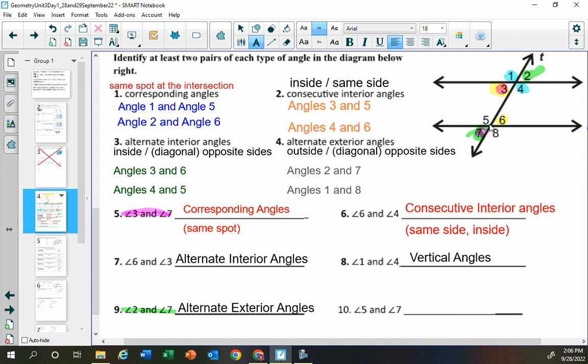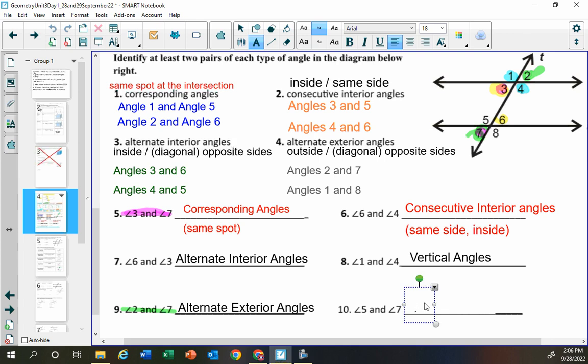But there's something else from Unit 1. If you look at 5 and 7, what do they form? Let's say this arrow did not exist between 5 and 7. Not a triangle, not a right angle. It's a straight line angle, but there was another word: they add up to 180. Supplementary.